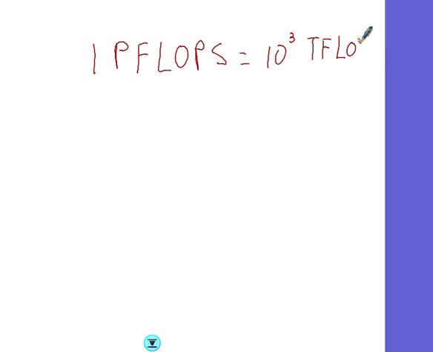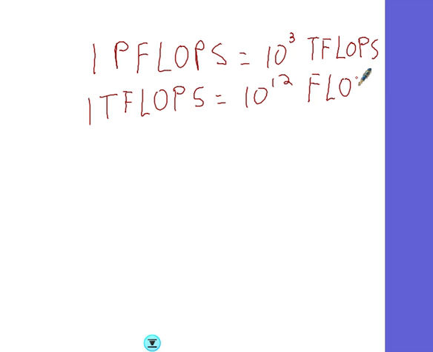That's exactly what the problem said. 1 tflops, funny term, equals 10 to the 12th flops. So we want to find the number of flops in 1 pflops. That's what we need to find.